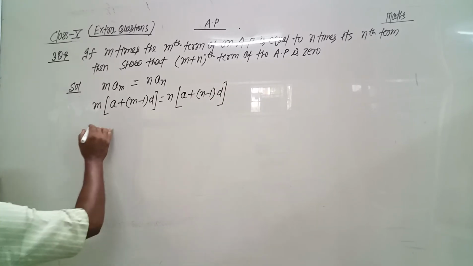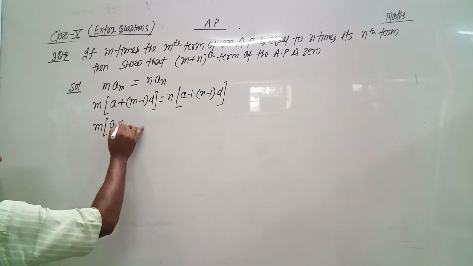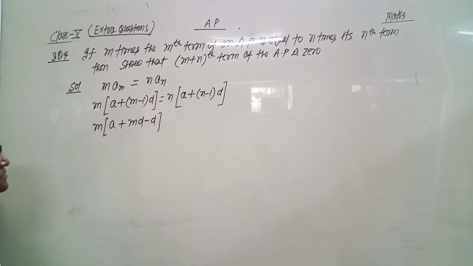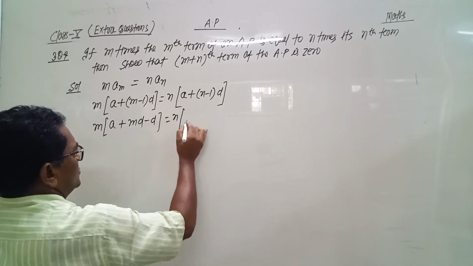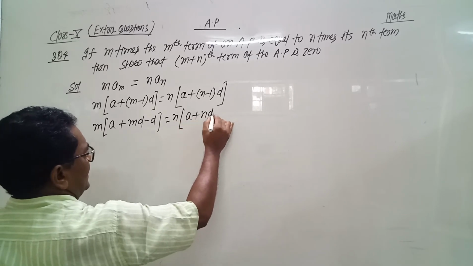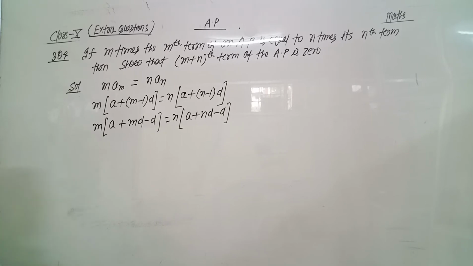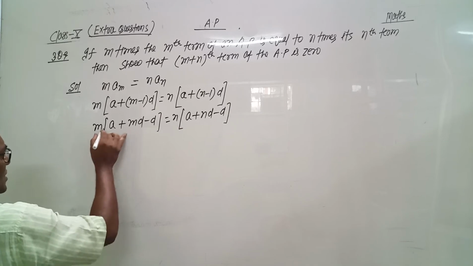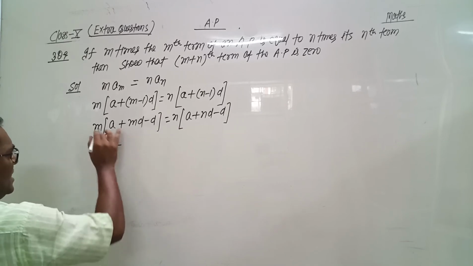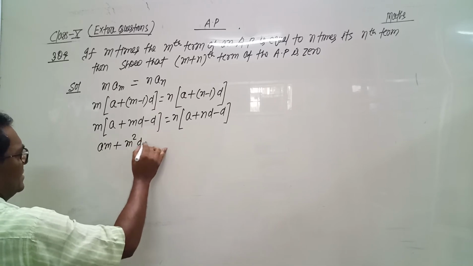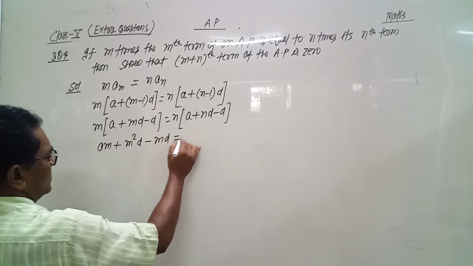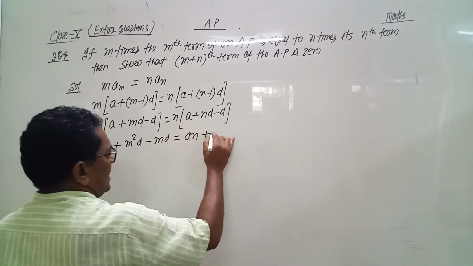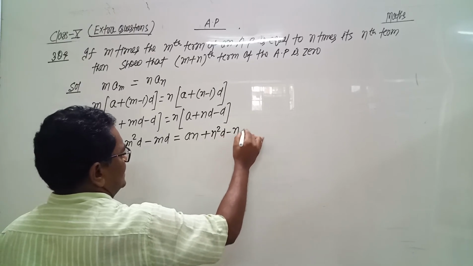We solve this expression. So m into a plus md minus d, removing this bracket, equals n into a plus nd minus d. Now multiplying the whole term by m and by n, we get am plus m square d minus md equals an plus n square d minus nd.